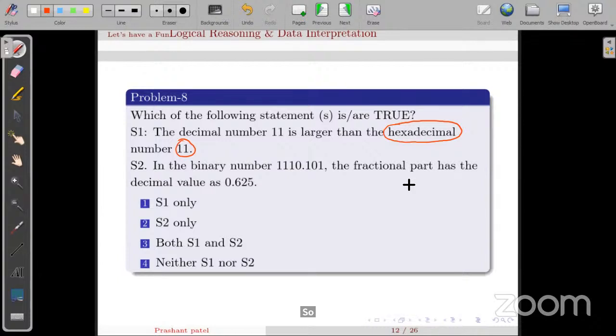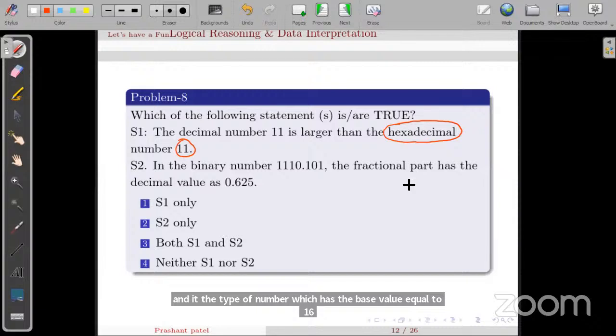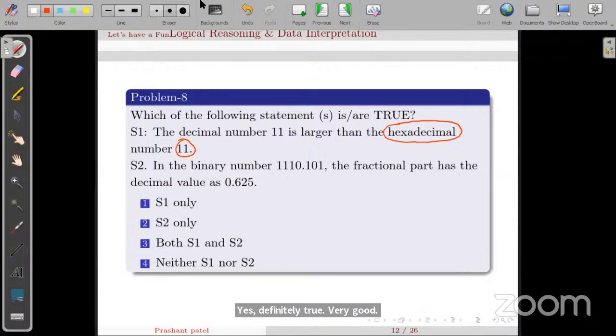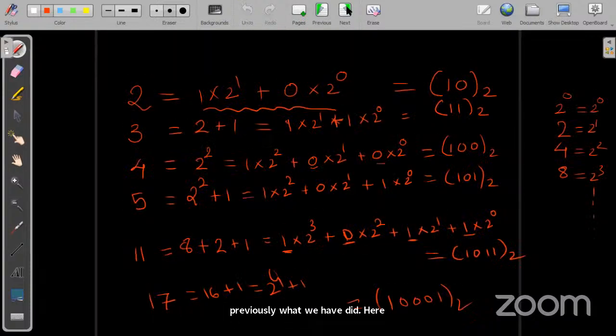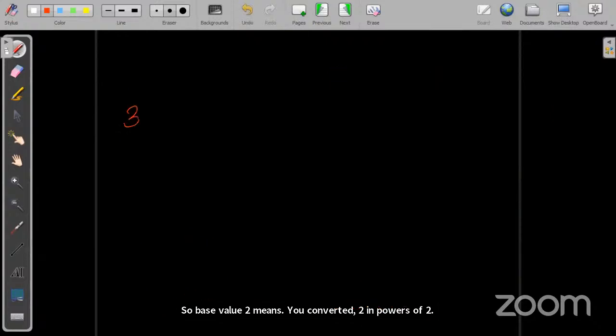Yes, it is a type of number which has a base value equal to 16. Definitely true, very good. So the base value is 16. In what we did previously, the base value is 2. In the similar manner, base value 2 means you converted the number into powers of 2, and similarly you can make it in powers of 3, powers of 4, and so on.